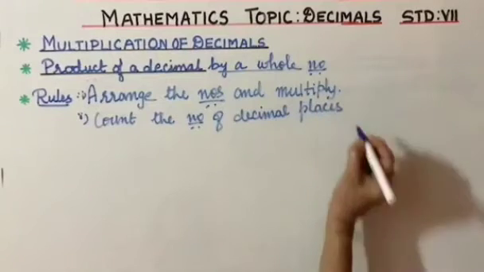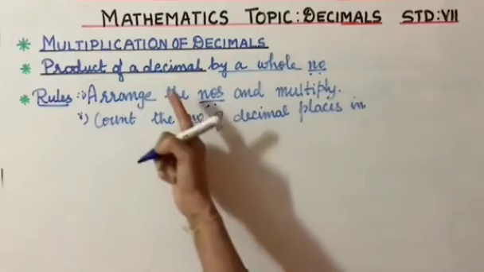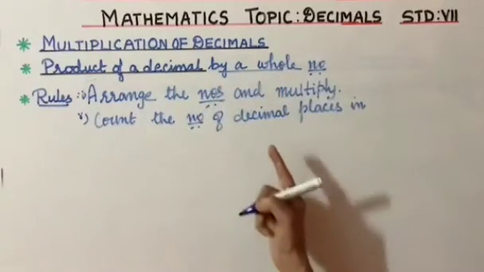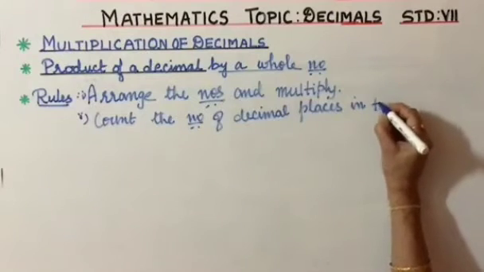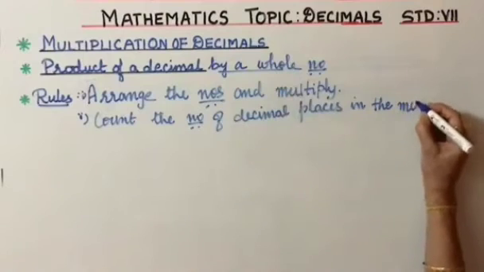Are you following, children? Count the number of decimal places in the multiplicand, because here we are doing decimal by whole number. The whole number doesn't have any decimals, so we'll count the decimal places in the multiplicand only. Your multiplier is a whole number.